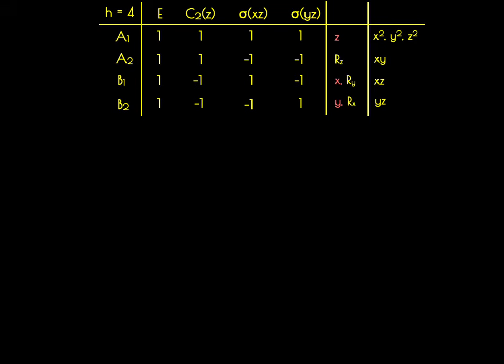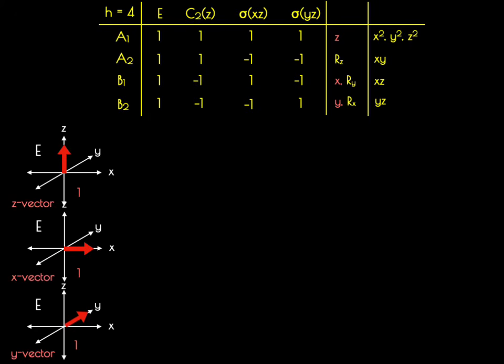So continuing on, we're now going to look at the linear transformations. These linear transformations tell you how a vector oriented along the z, the x, and the y direction transform upon the different operations in the group. So going through, for the z vector, the C2z keeps it in the same place, so it gets a character of 1.